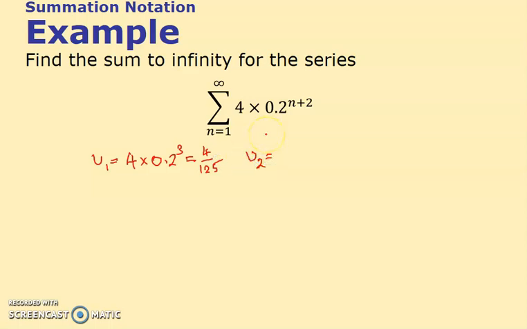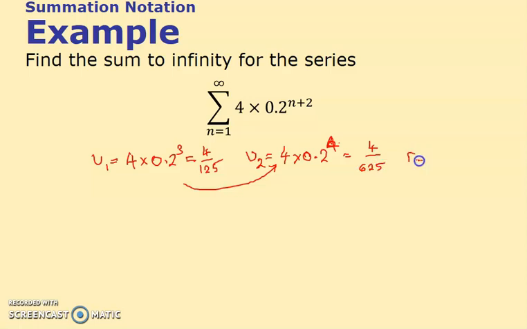U2, well actually this is just 4 times 0.2 to the 4 now. So really all I've done is I've multiplied by 0.2, and so I've got the answer 4 over 625.